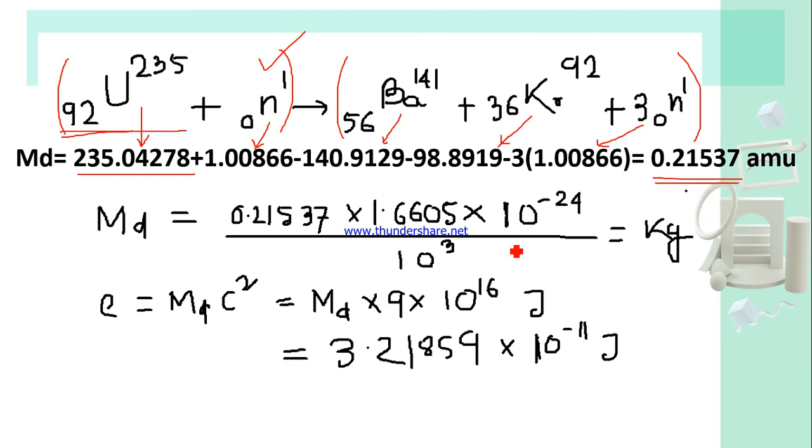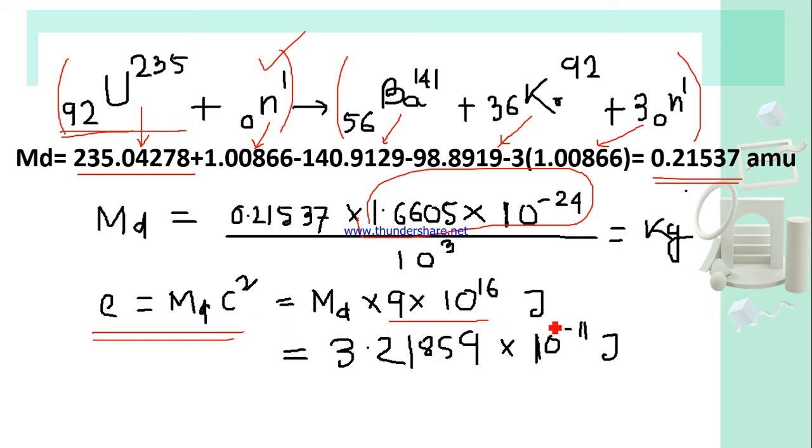0.21537. Now if you convert that AMU to gram, you have to multiply it with this factor. And if we convert the gram to kg, then you have to divide it by 1000. So this much kg. Now the energy, as per the theory of relativity, is mc square.